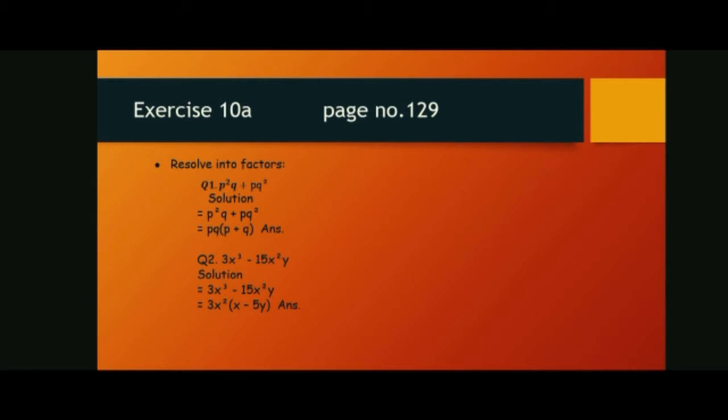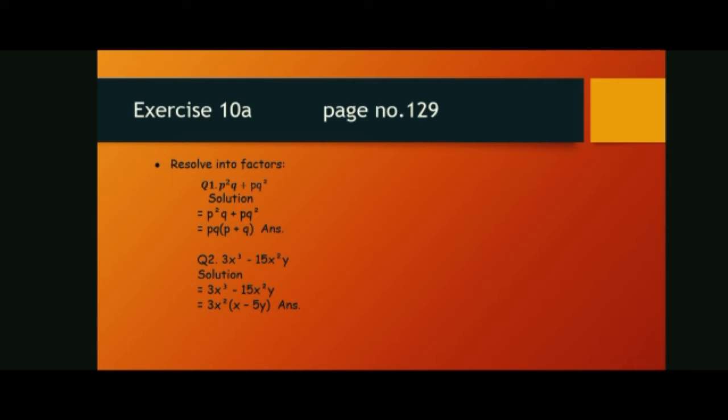Now moving towards question number 2, 3x cube minus 15x square y. Here again we have to do the same thing. In the coefficients, 3 is common, 3 is a factor of 15 as well, and in the variables, we have x raised to the power 3, and in the second term x raised to the power 2.